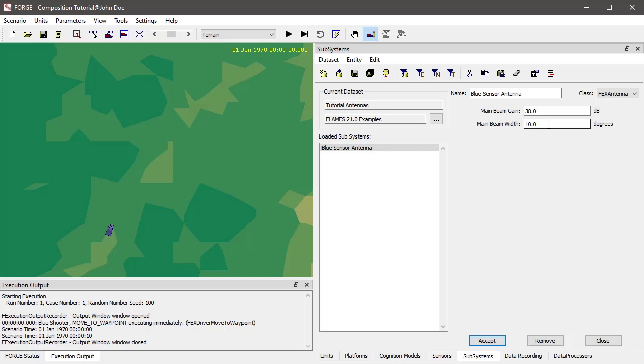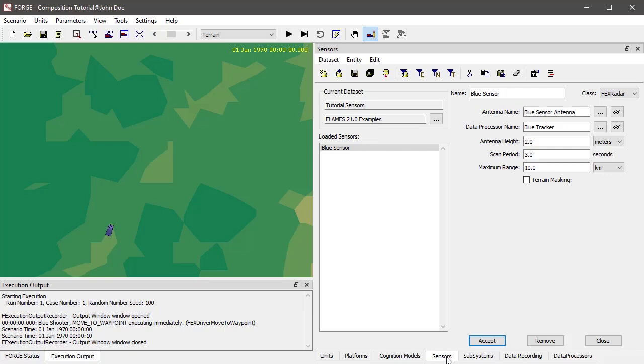Basically, these gain values are really only used when we're doing jamming. And we'll talk about that when we go to jammers, but we don't really use the antenna. We just use the range of the sensor as our primary means of determining whether we detect something. That's the primary thing that we use.